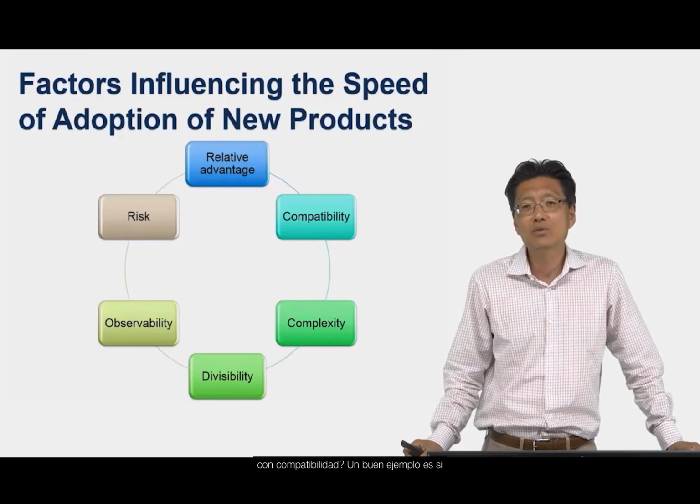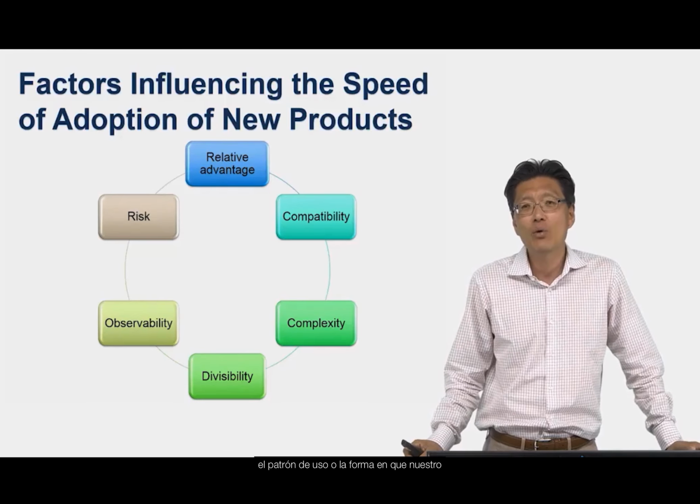One good example is if the way that the new product is used is completely different from how the existing product is used, then that's going to make it very hard for customers to adopt the new product, because it requires unlearning of the old product and then learning new ways to use the new product. So the more compatible they are, the easier it is for customers to adopt.